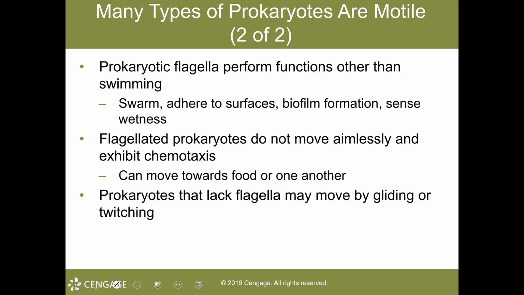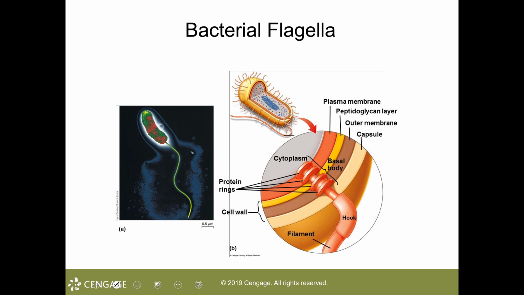And then, along with this, just keep in mind that flagella do not move aimlessly, but they do exhibit chemotaxis and can move towards food or towards one another. So prokaryotes without flagella can move by gliding or twitching. So there you are, class, the flagellum of bacteria.